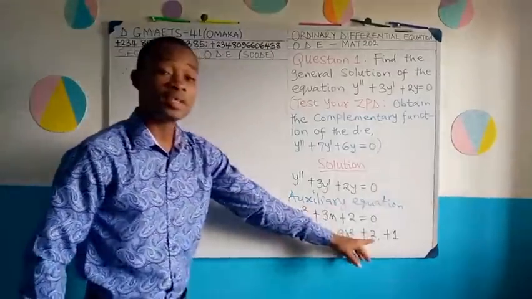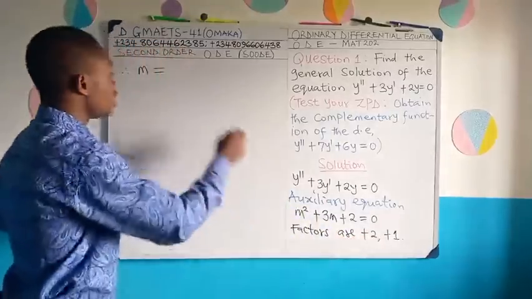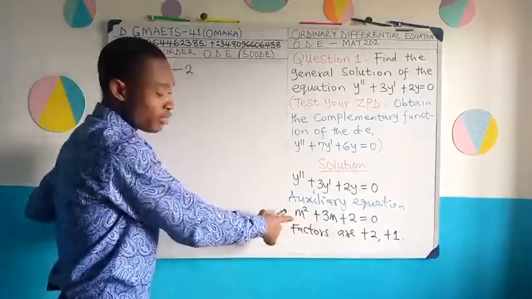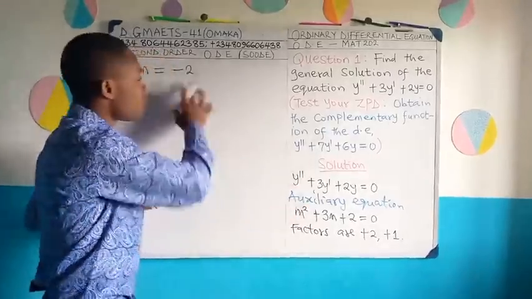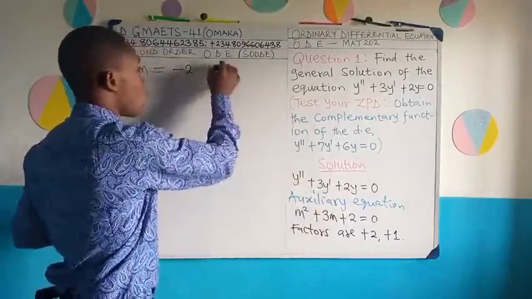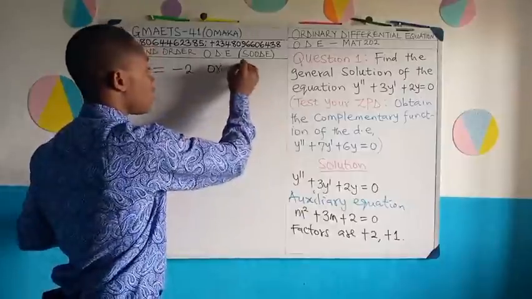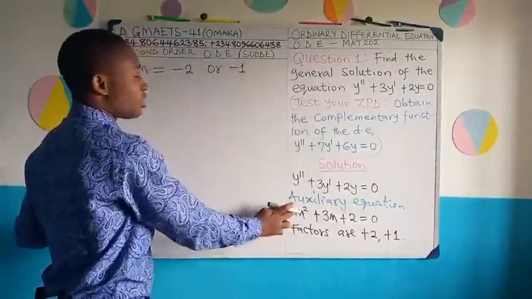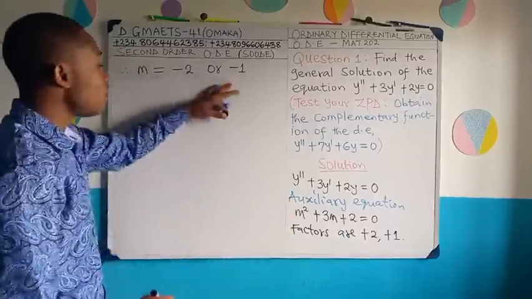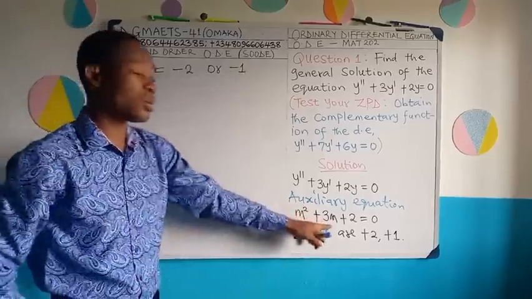The sign of this 2 is plus, so if you change it, you get minus 2. Divide it by the coefficient of m squared here, which is 1. And so minus 2 divided by 1 will still give us minus 2. Do the same for that plus 1. Change the sign and you get minus 1. Then divide by the coefficient of m squared, which is 1. Minus 1 divided by 1 will still give you minus 1. So these are the roots of this auxiliary equation.